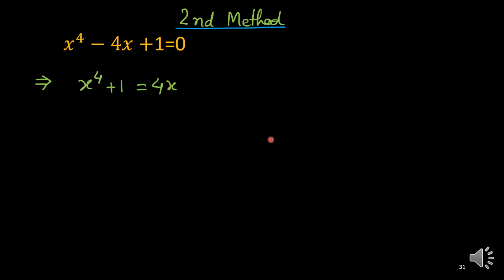Now let us consider the second method. Now what I will do here, this x to the power 4 minus 4x plus 1 equals to 0, I rewrite this as x to the power 4 plus 1 equals to 4x. This is left hand side, this is right hand side. Then we will consider this one as one function f1(x) and this is another function f2(x).